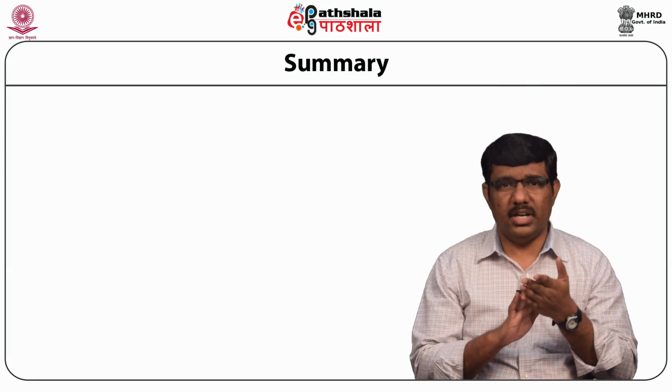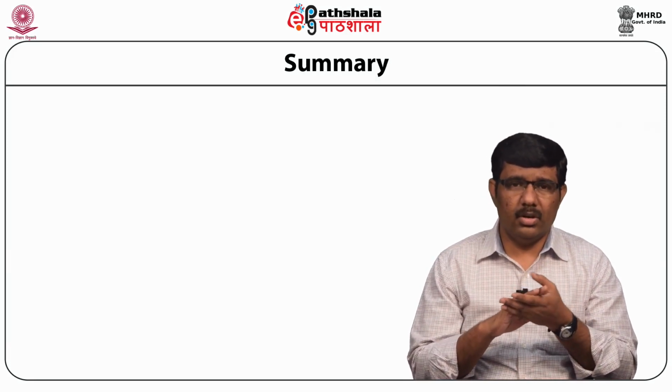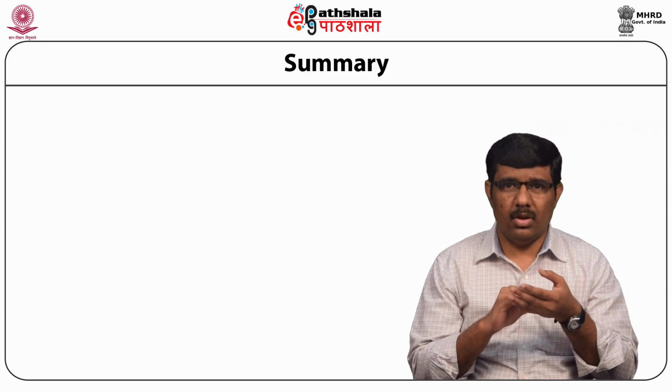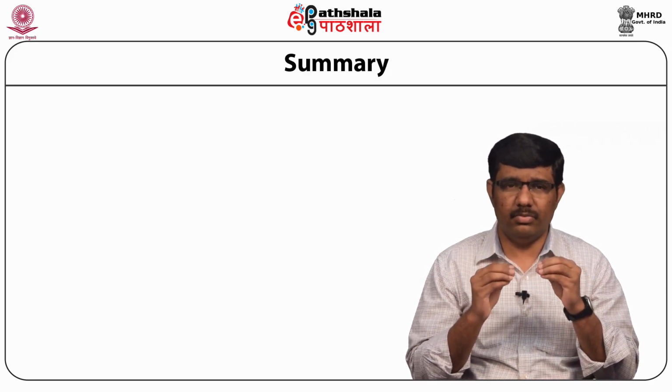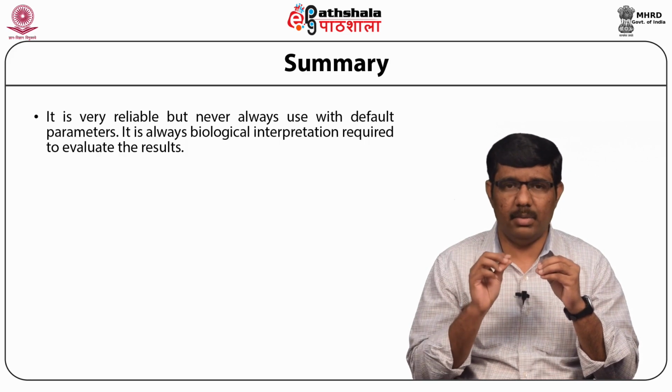So students, let's now summarize what we have learned in this module. We learned about PAM, BLOSUM and all those matrices. We learned about BLAST and FASTA also. Out of these, BLAST is the most useful database search tool currently used by researchers. It is very reliable, but never always use the default parameters.